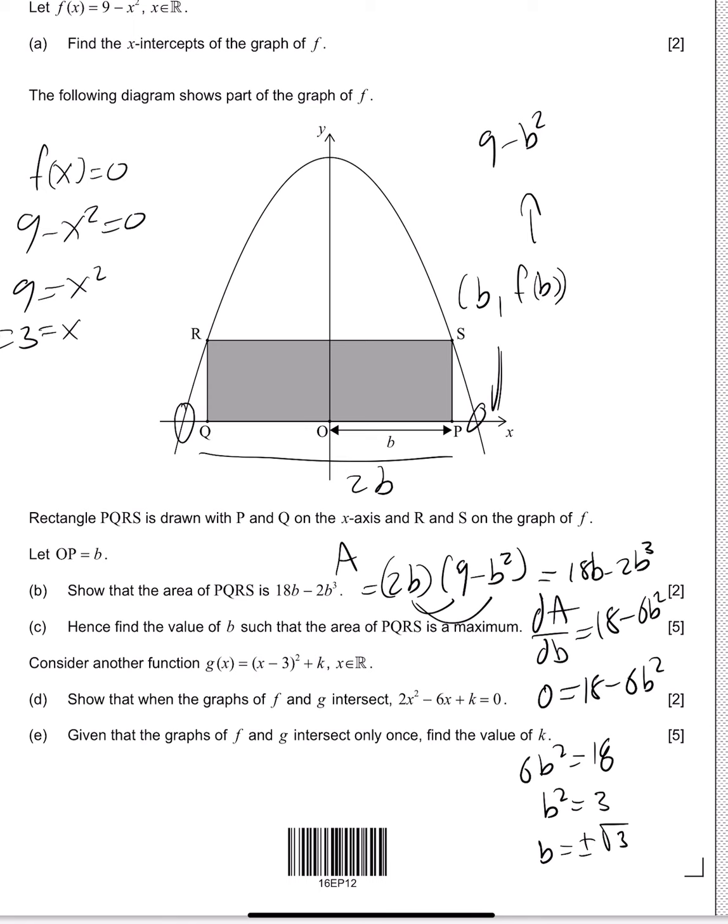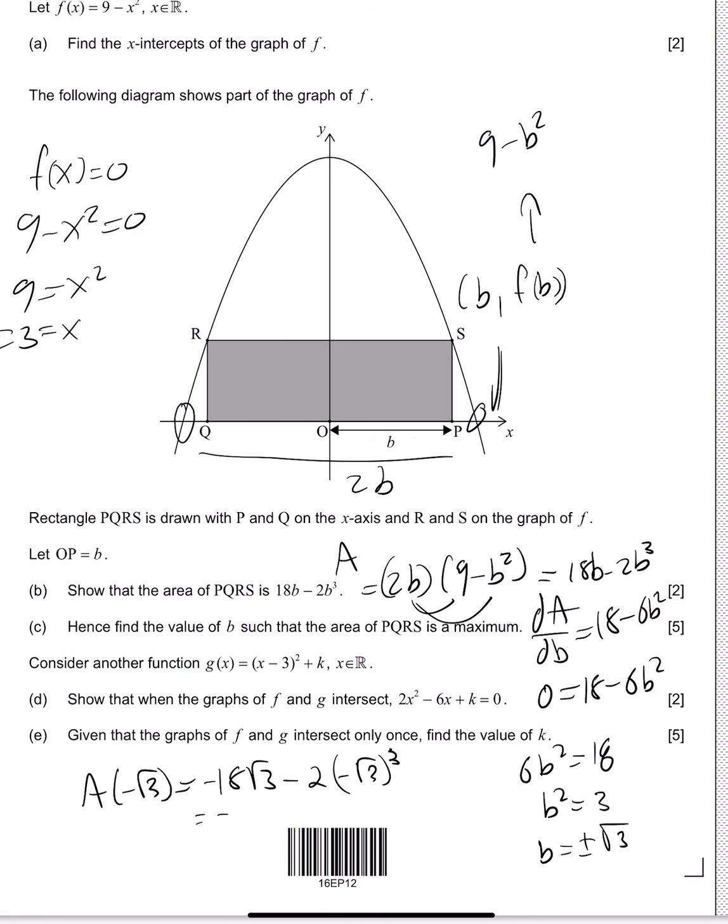Now we want the value of b such that the area is a maximum. The area was 18b minus 2b cubed. Are both of these valid? Let's try this. The area at minus root 3 is going to equal minus 18 root 3 minus 2 times minus root 3 cubed.